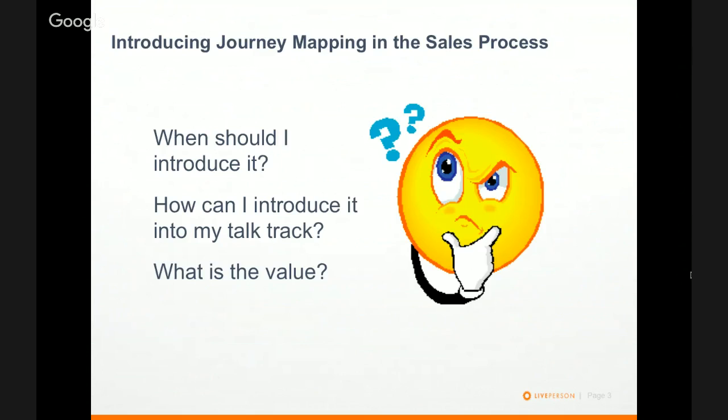I think the other thing that was valuable for us in introducing it early on in this particular case is that it brought to the table some differences that we had in how we view a journey and how MassMutual viewed a journey.